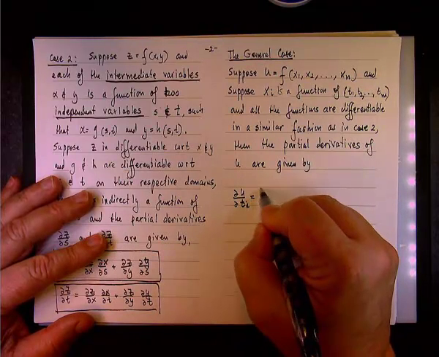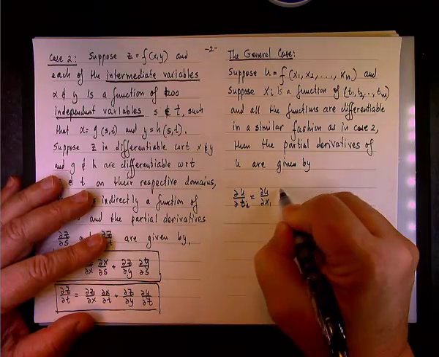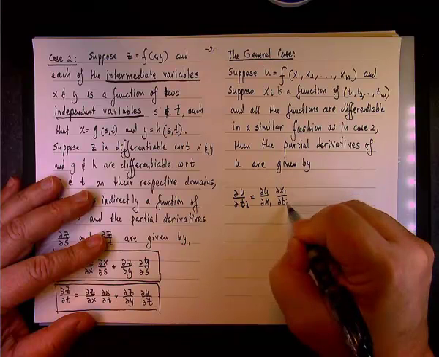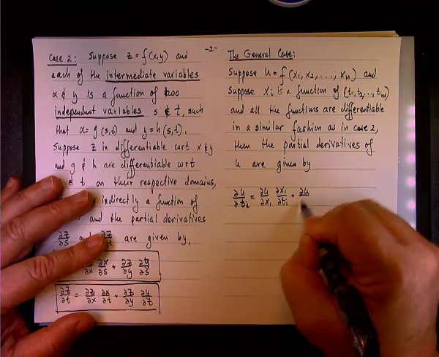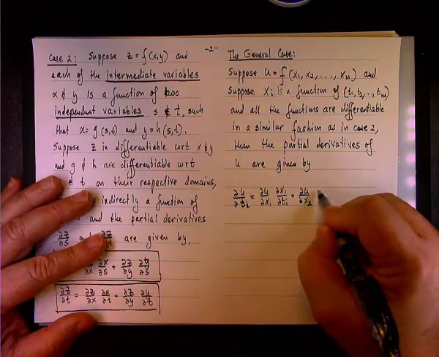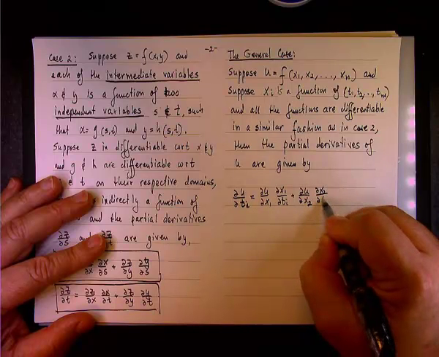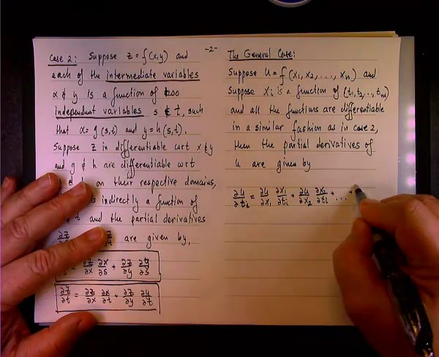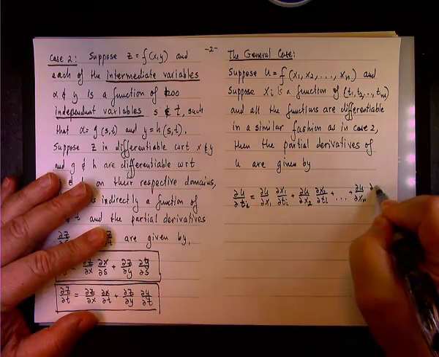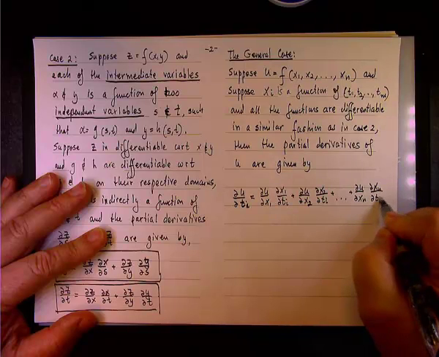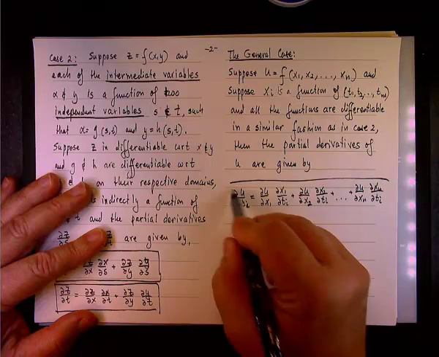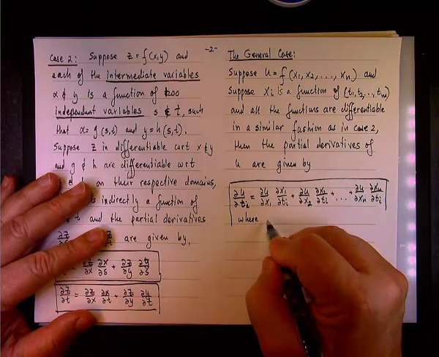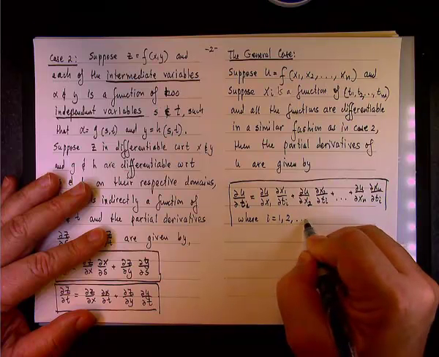So in the general case we have del u del t sub i, that particular independent variable, written as del u del x sub 1 times del x sub 1 derived with respect to this particular independent variable t sub i, and then del u del x2 times the derivative of x2 with respect to that independent variable, and all the way to the end, del u del x sub n multiplied by the derivative of x sub n with respect to that particular independent variable t sub i.